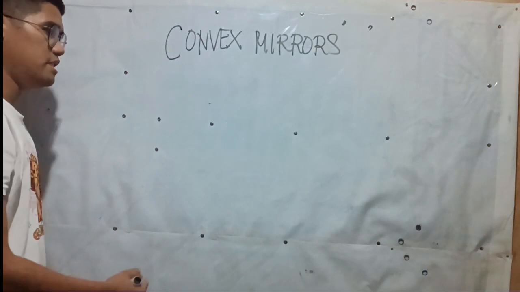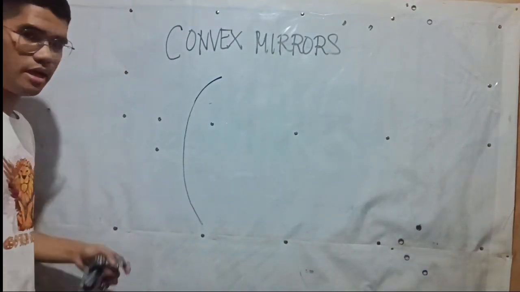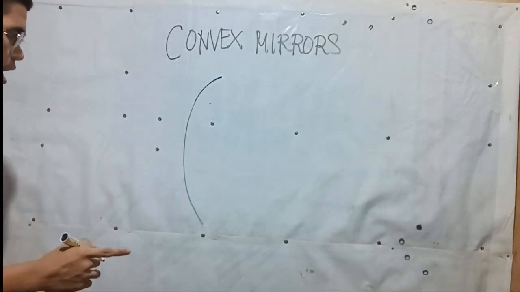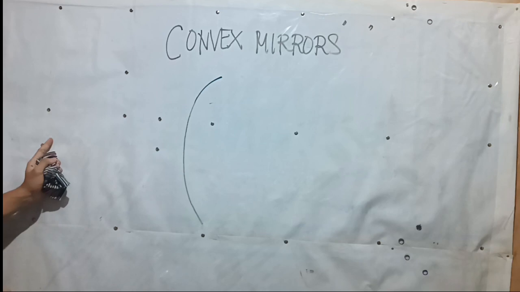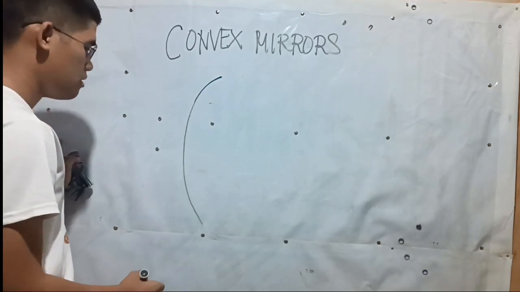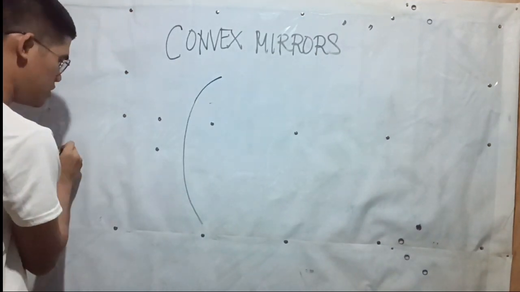So let us place a convex mirror right here. Let us not forget our optical axis, which passes through the center of the mirror, something like this.